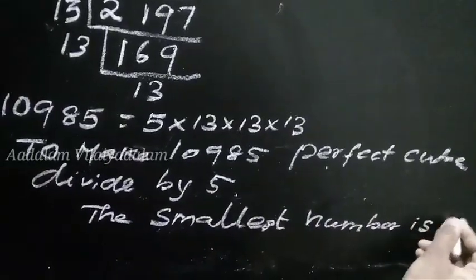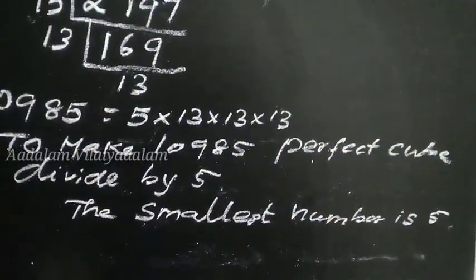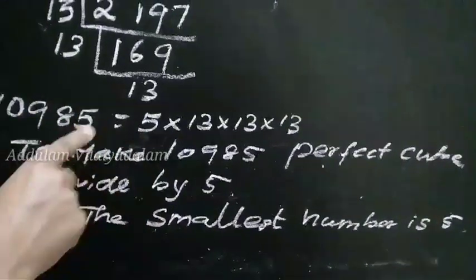What is the question? Find the smallest number by which it should be divided. So 5 should be divided to make a perfect cube.